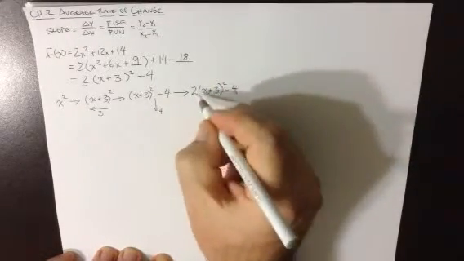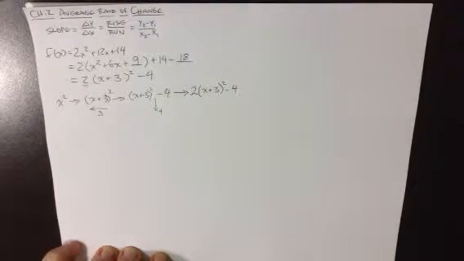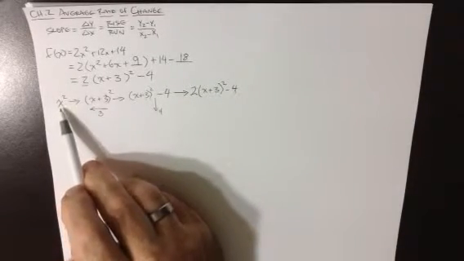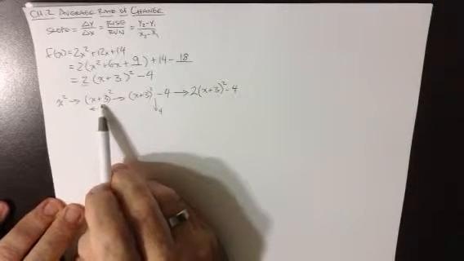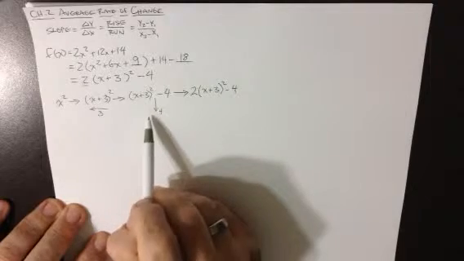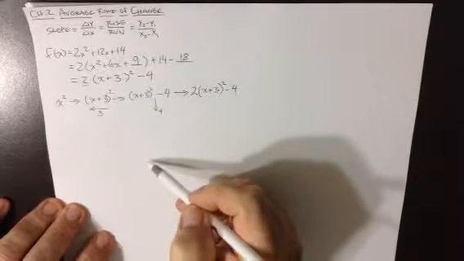Okay, so this is just going to make it increase faster, which is going to make the parabola appear to be narrower. The important thing to remember here is we started out with an origin at 0, 0, but because we're shifted 3 units to the left and 4 units down, the origin is now at negative 3, negative 4.